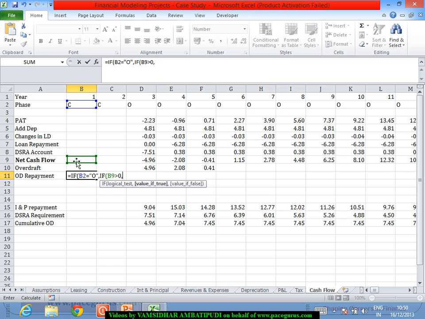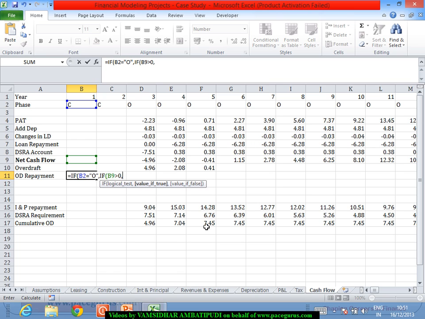the OD repayment part, because 7.45 is the overall OD that I have taken. So whatever the OD I have repaid till date, I will take, see, if at all, for example in this year, if my cash flow is 1.15, whereas the cumulative OD for me is 7.45.